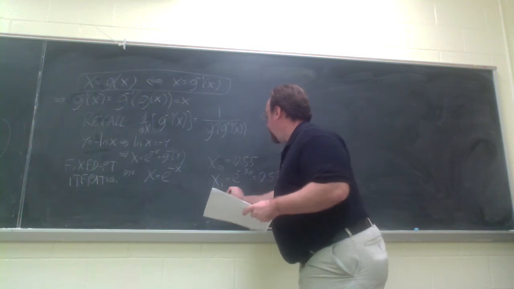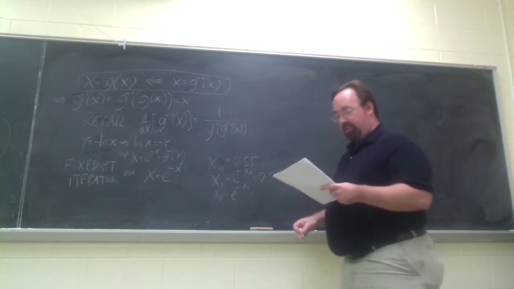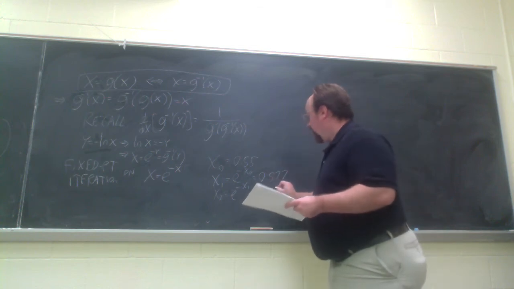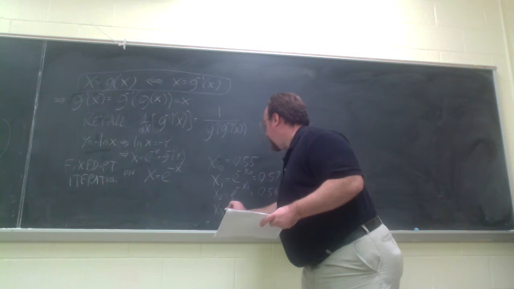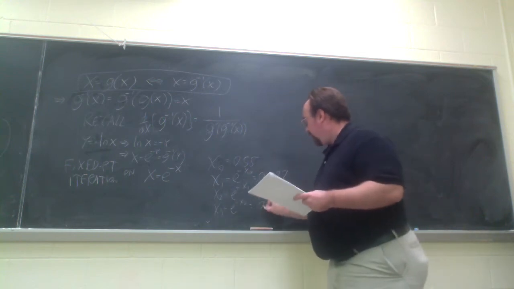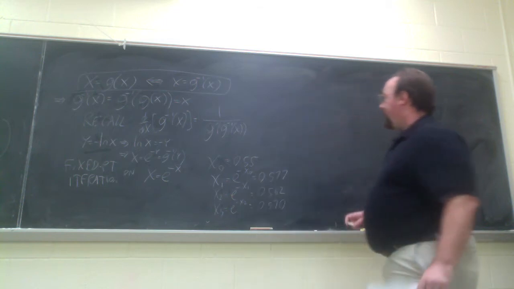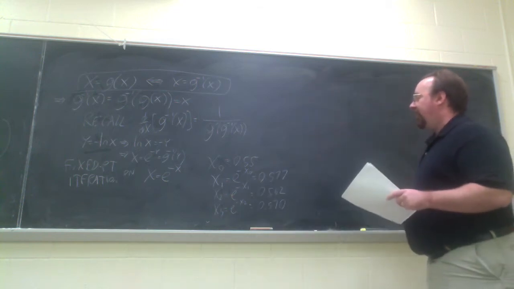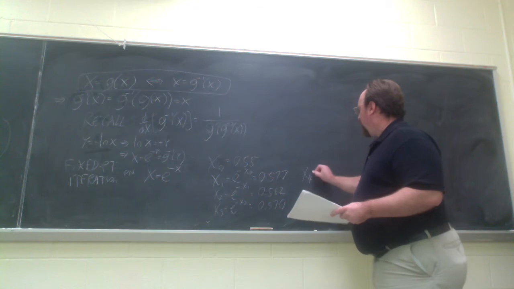Then x2 is e to the minus x1, and that is 0.562. And then x3 is e to the minus x2, and that's going to be 0.570. So at least all the iterates are clustering around and behaving a whole lot better than before. We're staying in the interval at least. I'll do one more by calculator.